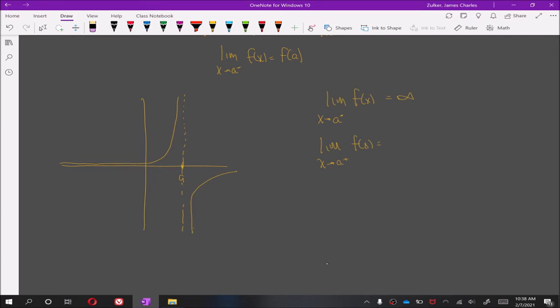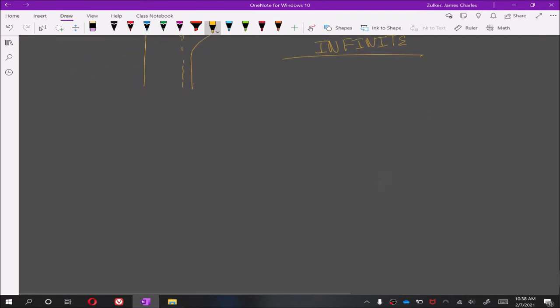Well, this is negative infinity. This type of discontinuity is known as an infinite discontinuity. However, it doesn't have to be the case that both sides are infinite, as long as one of the sides is infinite. So, for example, this would also be an infinite discontinuity.